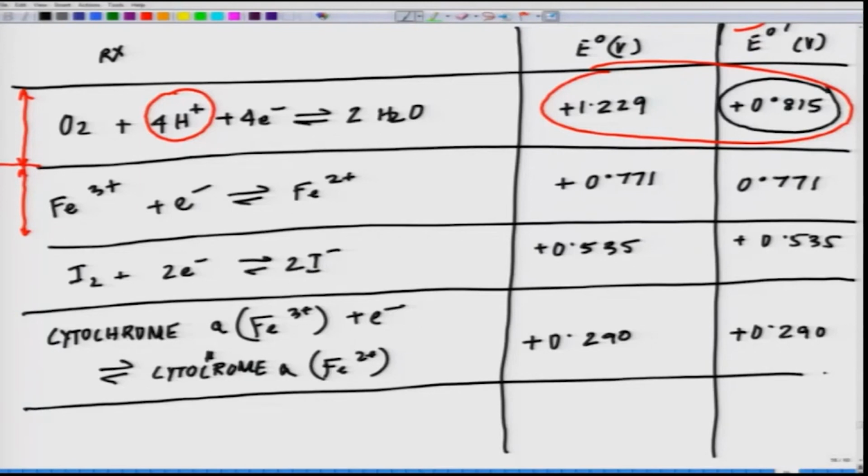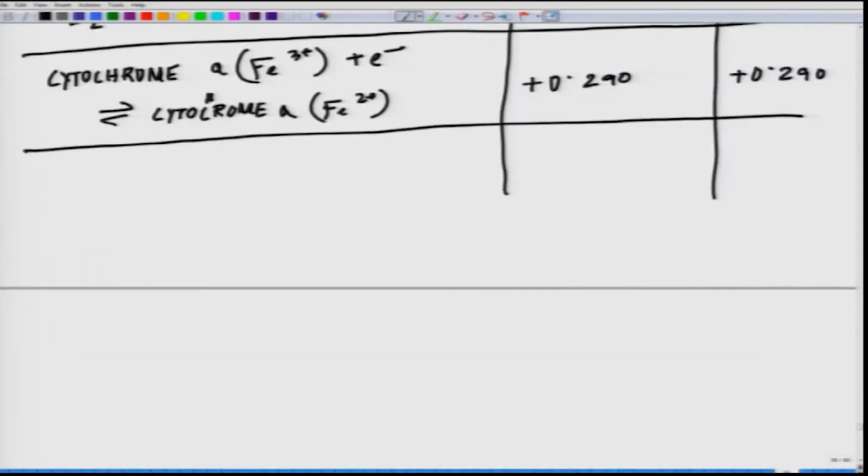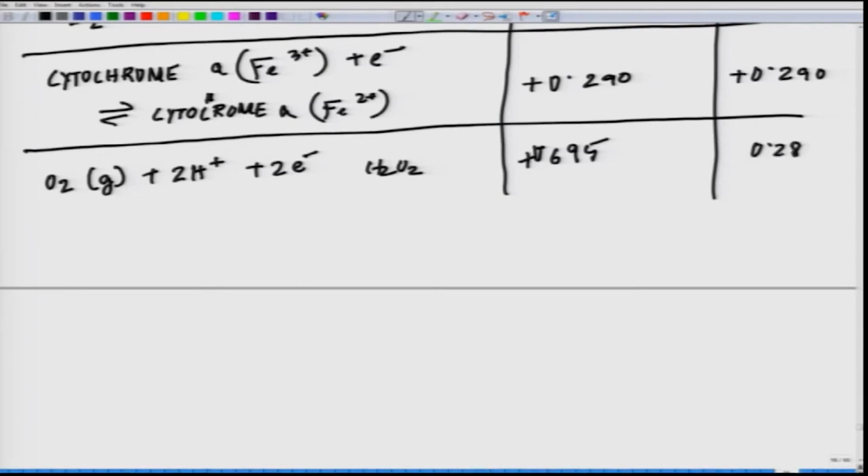Okay. So, now I will move on to another example, which is a very tricky one, which is oxygen gas plus 2 protons plus 2 electron making it H2O2, and in that situation your value is plus 0.695, whereas if you measure it with E0 prime, the value will be 0.281.